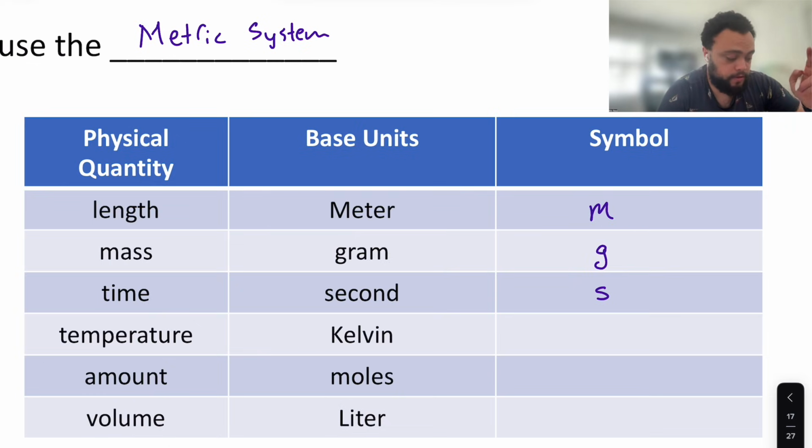Temperature, there's a couple of them: Kelvin and Celsius, just like the beverage. Kelvin is a K and Celsius is a degree C. You will note that Kelvin, K, does not have a degree symbol. We'll get into what Kelvin is in a bit.